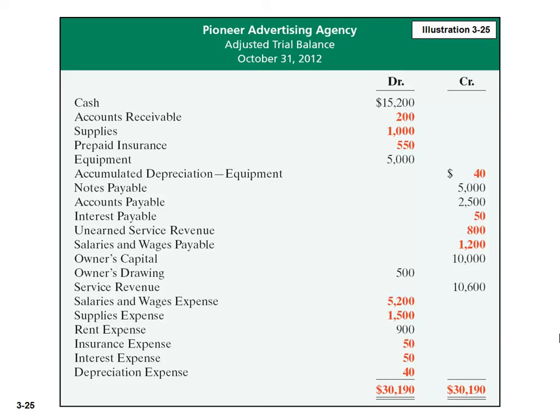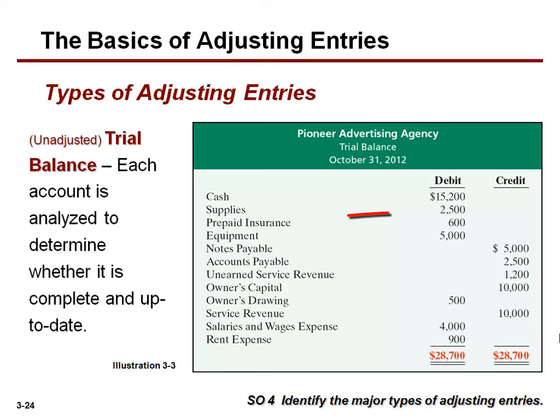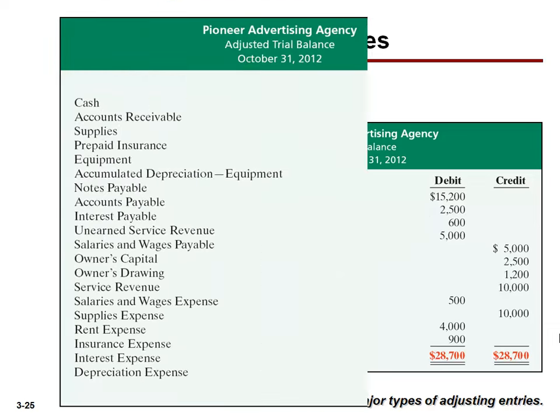Accounts receivable has changed. We've increased it $200. It didn't exist previously. Supplies have gone down from $1,200 to $1,000. Prepaid insurance has gone down. Let me briefly look back at the starting point. We can see prepaid insurance was at $600. After adjustment, it's down to $550.